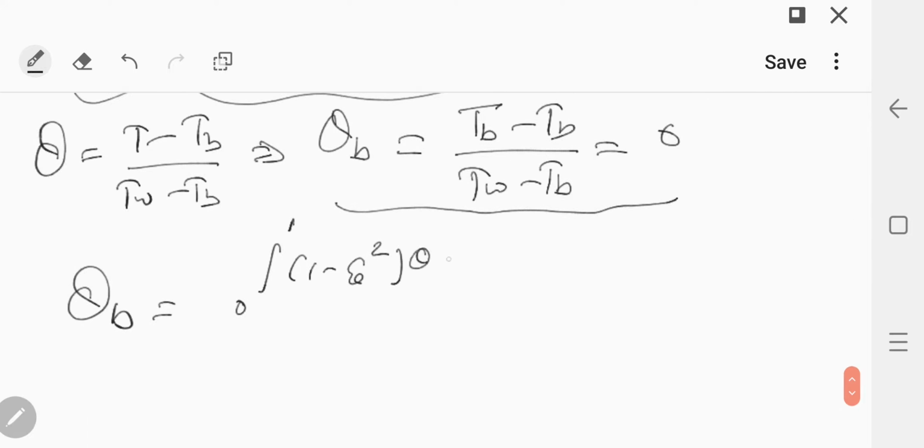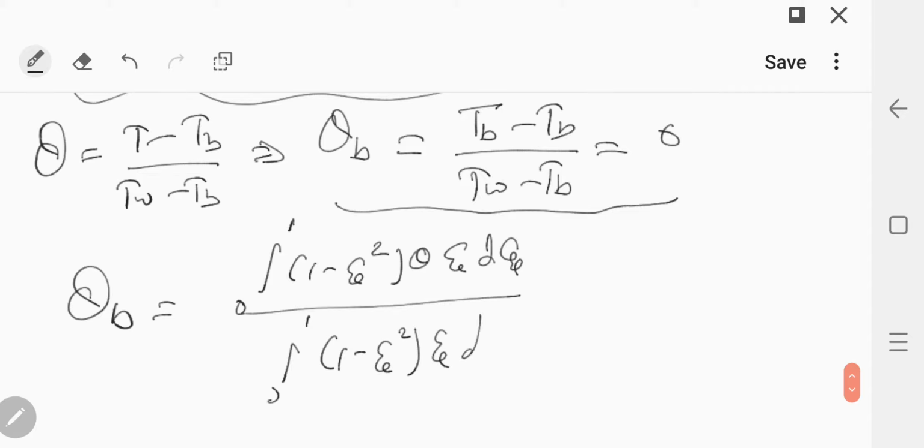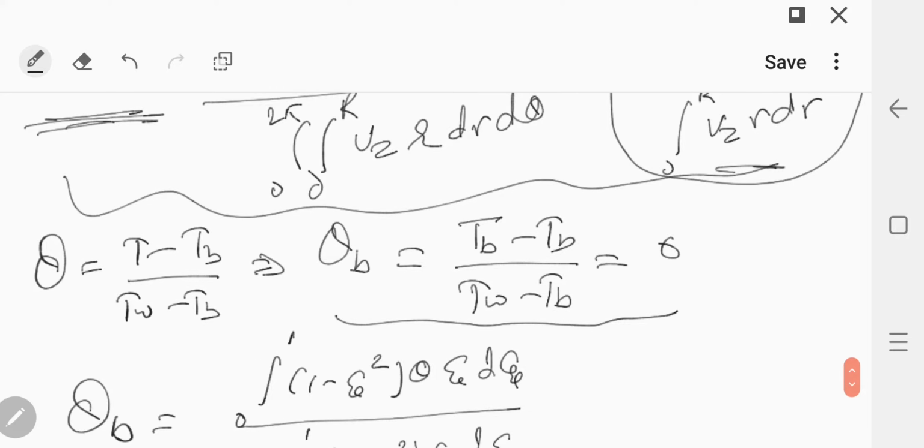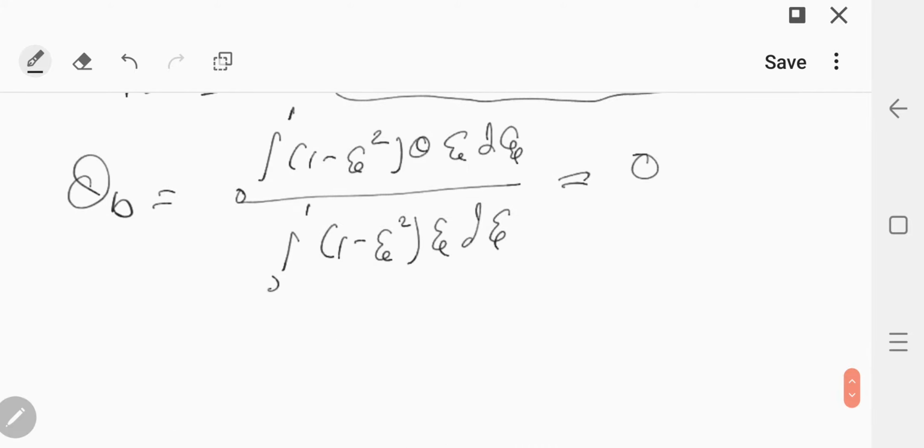So that is what I'm writing basically. So try to convert that, so you will be getting this expression. Clear? So what I've done is basically I've converted this bulk temperature in terms of dimensionless variable, and in dimensionless variable terms bulk temperature is 0. That means this expression is 0.